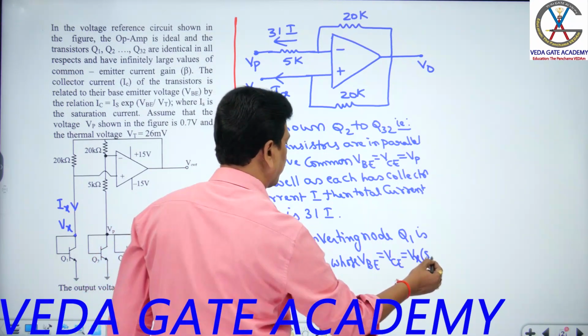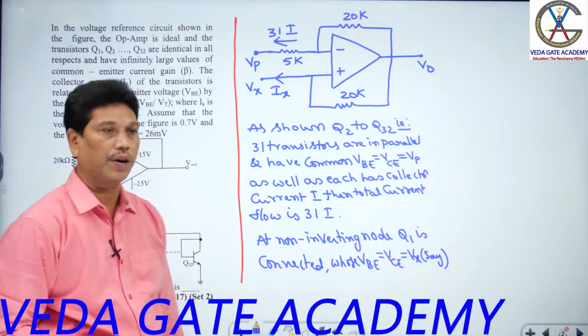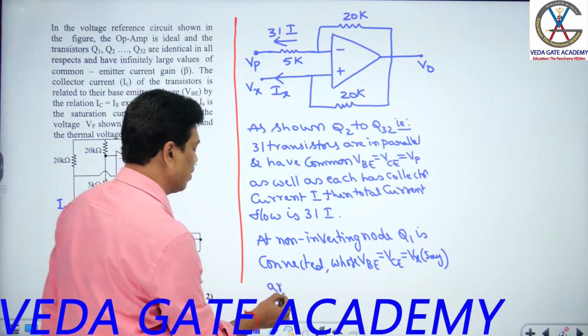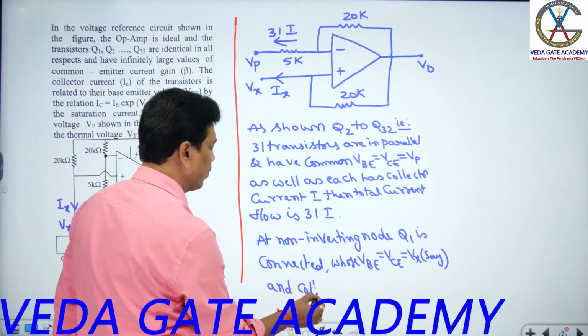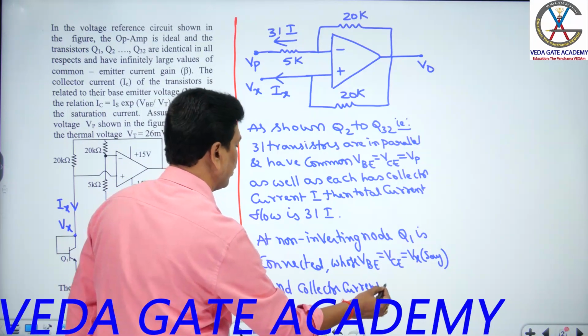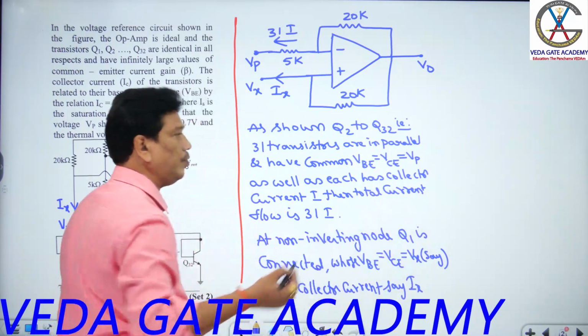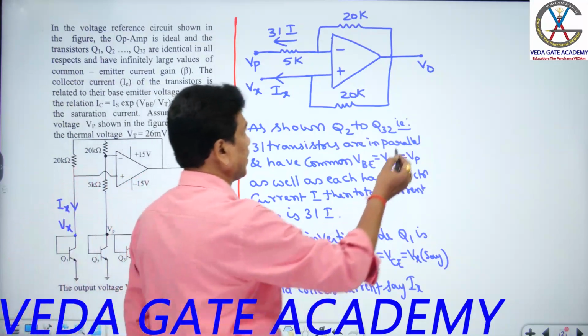Now I can assume that. The collector current, say Ix, I can call, students.